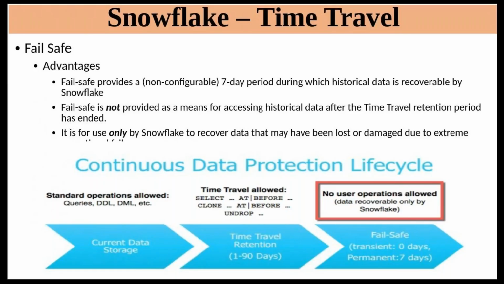Because you know that all the data lies in 3 different places, and they have disaster management where whenever one thing goes down, they get it from the other two, and they have another zone called fail-safe that is only accessible to Snowflake. We don't have access to it.